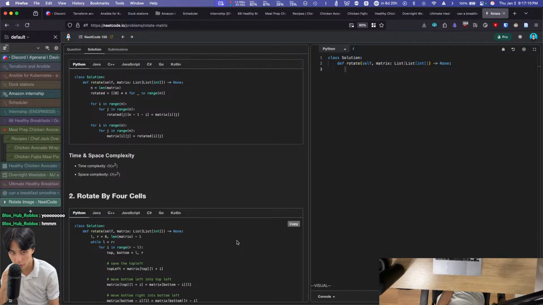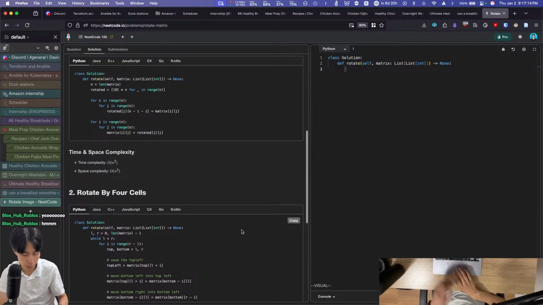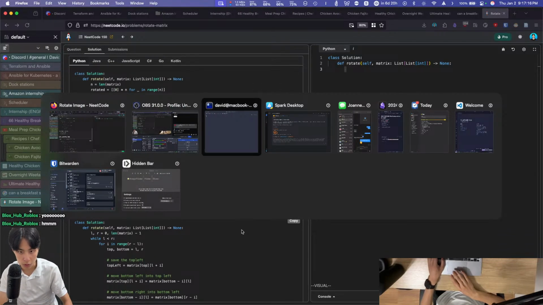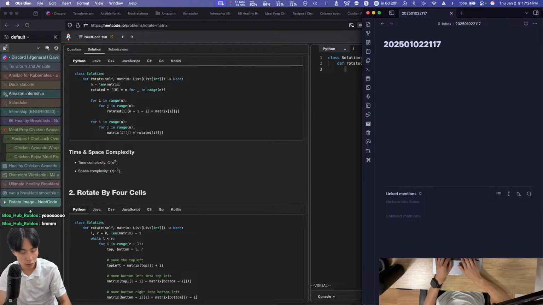Right, right, right. Okay. The formula then kind of seems interesting to make note of. So rotate image.